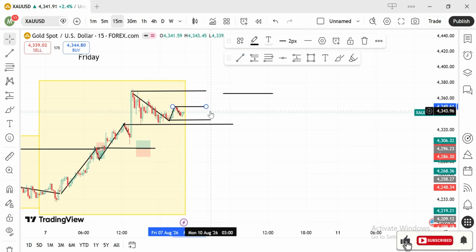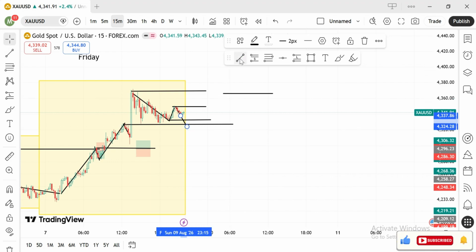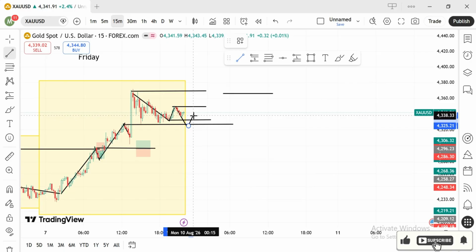Now what we are waiting for is if price should break this structure down, there might be an immediate bullish reversal into this position to break this one.